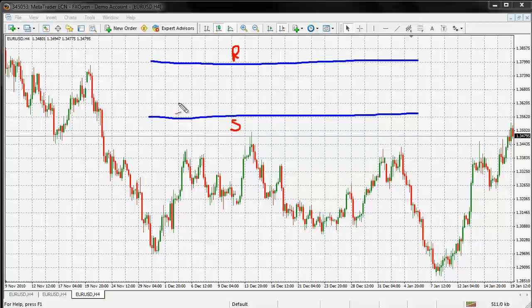When the currency prices are moving up and stop at a certain point and start to come back down, and when it tries to go back up there again and stops, that's normally a confirmation of that particular resistance level. You can't establish a resistance level just off of one rejection. You really need to have a confirmation.